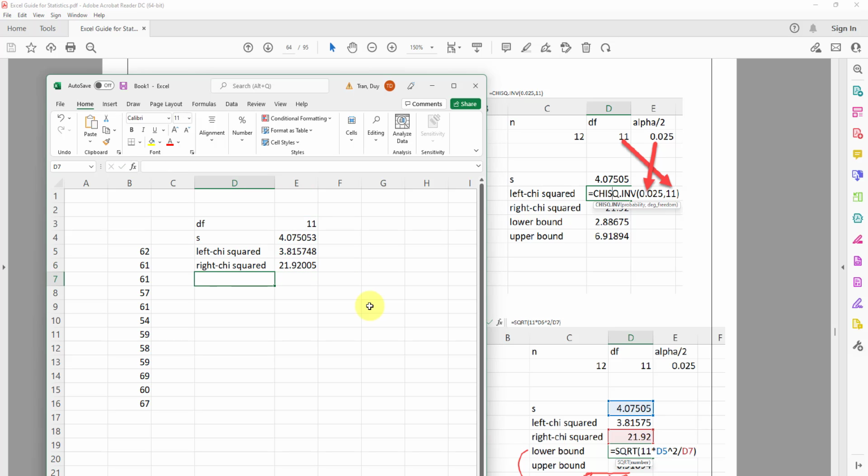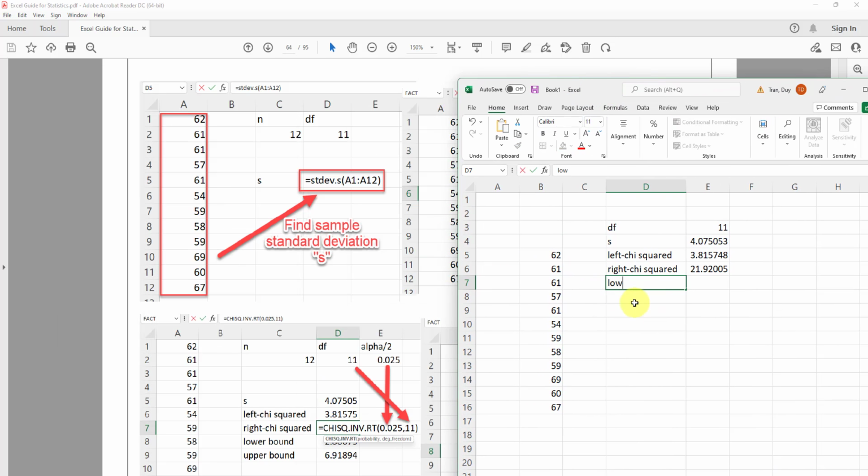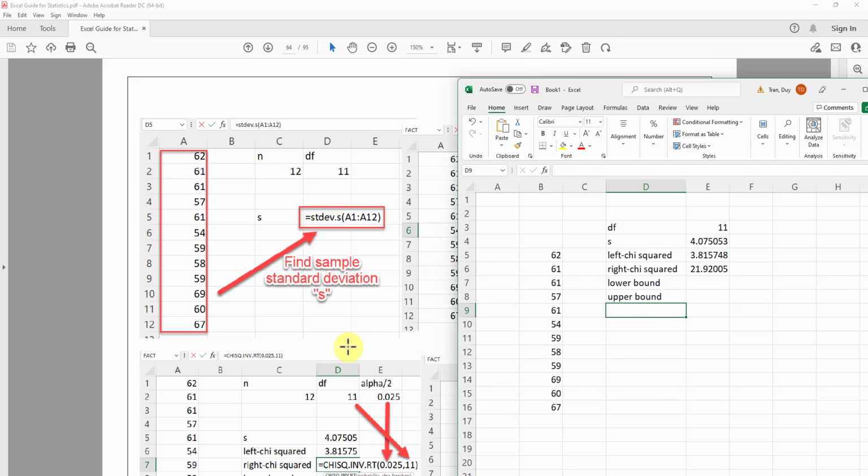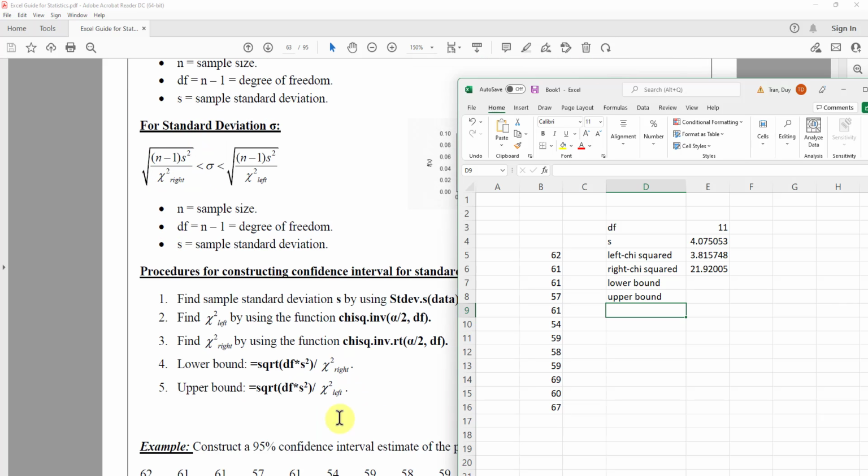And now I can find the lower bound and the upper bound. So go back to the formula. To find the lower bound, we press equal and we need to evaluate the square root. So SQRT. Okay, the square root of what?